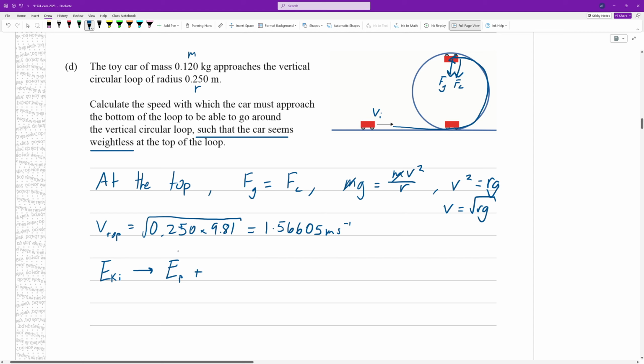So it also has K top. And I'll do K bottom. K bot. Yeah. So its initial kinetic energy at the bottom transfers into both potential energy at the top as well as kinetic energy at the top in order for it to have this required speed. And so with that, we can work out the speed at the bottom.